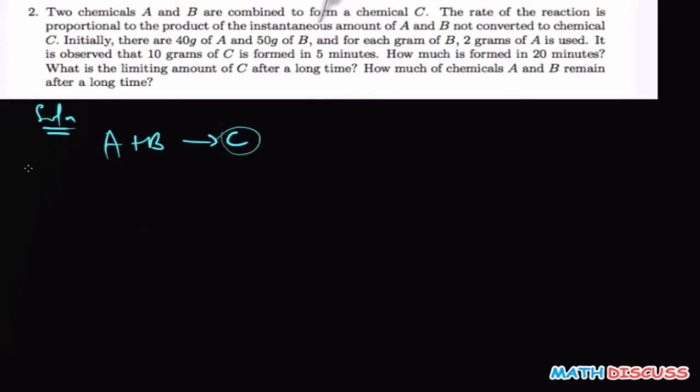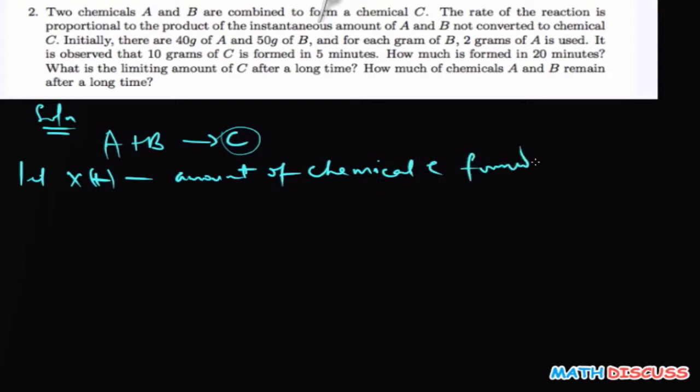So I'm going to let X of t be the amount of chemical C formed at time t.